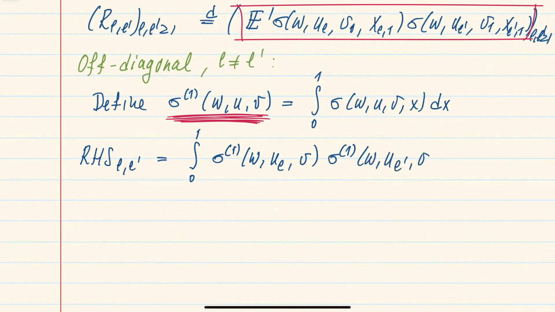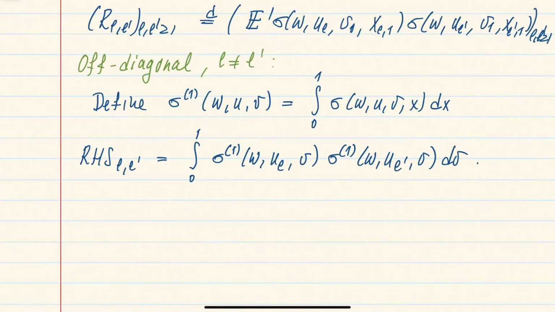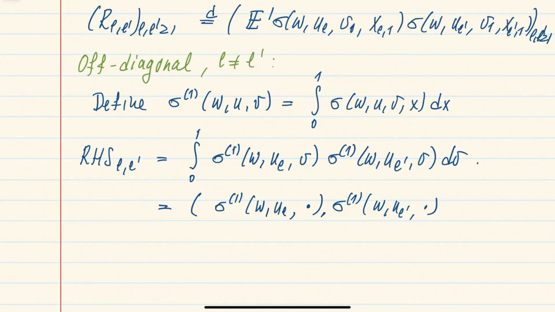Okay, and then we took this average with respect to V1. But what is written here is a scalar product in L2. You can think of this as a scalar product between this function viewed as a function of v and this function corresponding to L' also viewed as a function of v. This is a scalar product in L2.